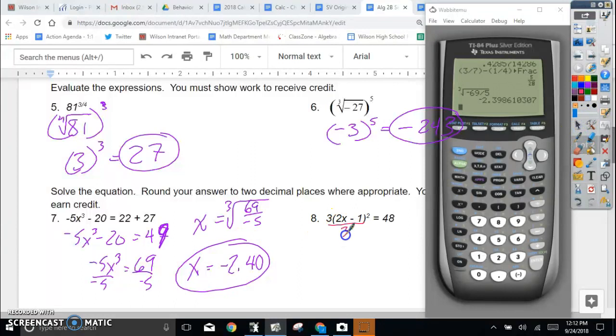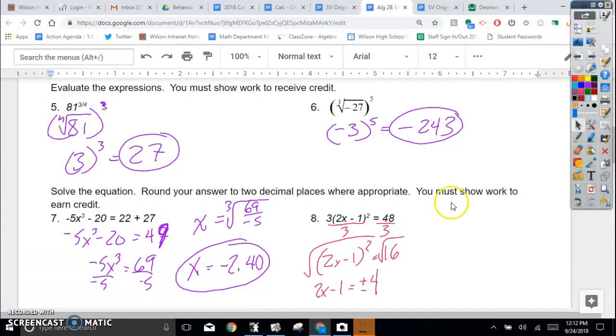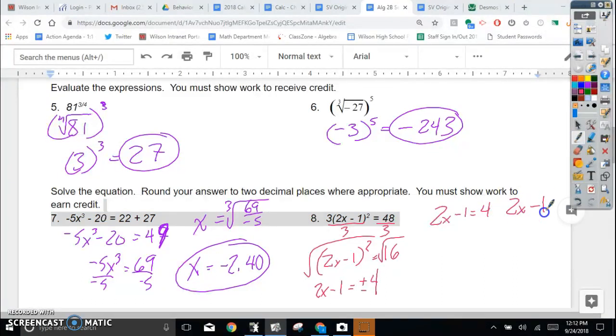I'm going to divide by 3 to start. So I have 2x minus 1 squared equals 16. I'm going to take the square root, which would be positive negative 4. Sorry about that. So we have 2x minus 1 equals 4. 2x minus 1 equals negative 4.